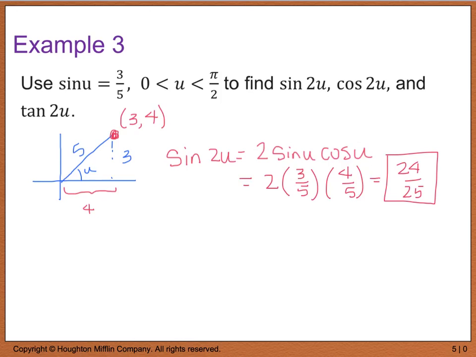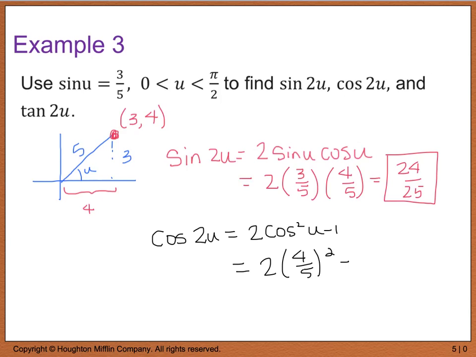And we do the same thing for cosine of 2u. And it really doesn't matter which equation you use. I'm just going to use 2 cosine squared u minus 1. Okay, but you can pick any one that you want. So when I go to plug in for this, I have 2 times cosine we said was 4/5.